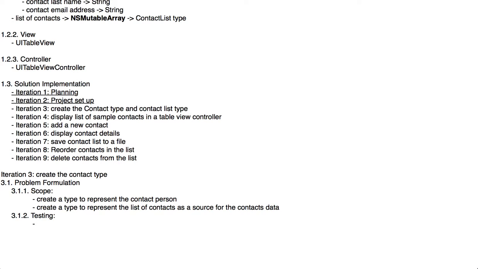And unit testing is a little bit beyond the scope of this module, but you can look up how to do unit testing, and you should be able to follow through the instructions when you find them. So we'll say here in the testing, test with iteration 3, with iteration 4.